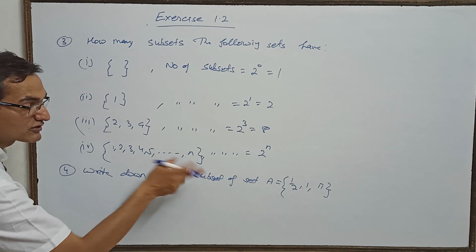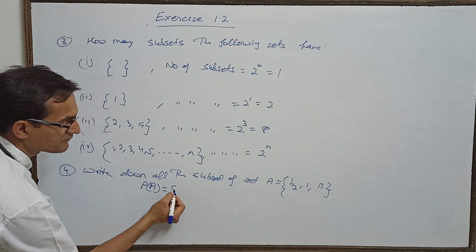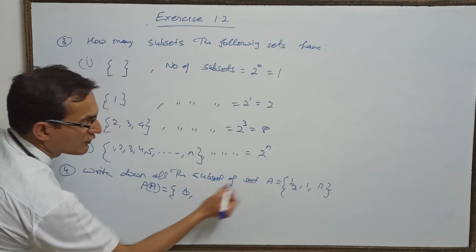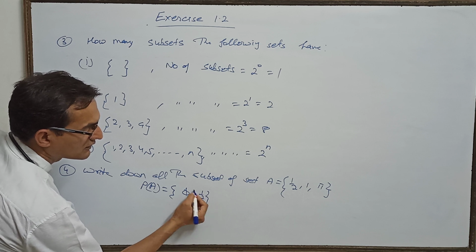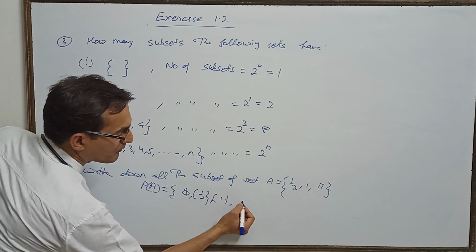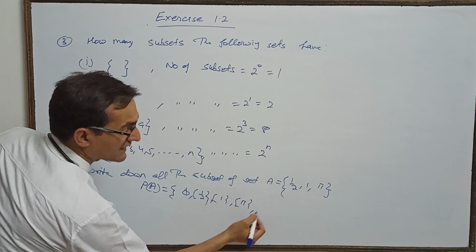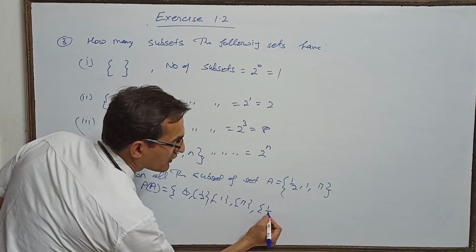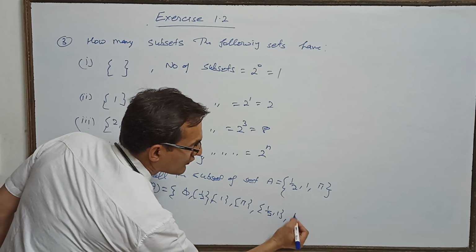It's a collection of all the subsets of A. First you write the null set, then {1/2}, then {1}, then {pi}.